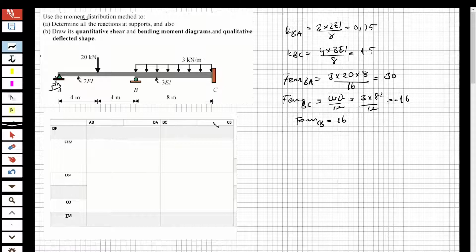So let's write the fixed end moments. It's going to be 30, this is going to be minus 16, and this is going to be 16. And here it is fixed, so the distribution factor is 0, and this one is 1. Let's determine the distribution factor for BA.